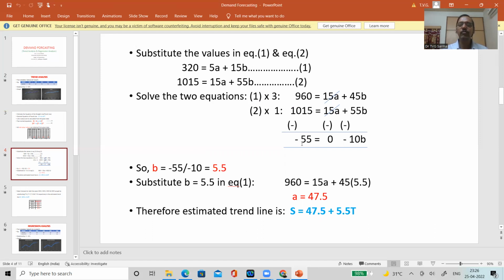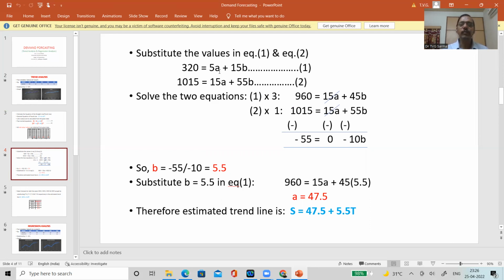I get 55 equals minus 10B, so B is nothing but 55 divided by 10. So 5.5 is the value of B. When I get the value of B, I substitute B equal to 5.5 in equation 1.